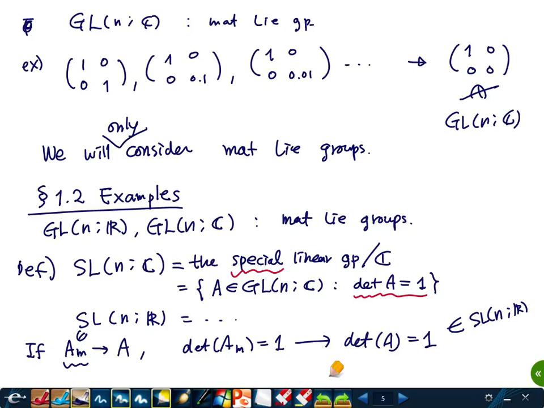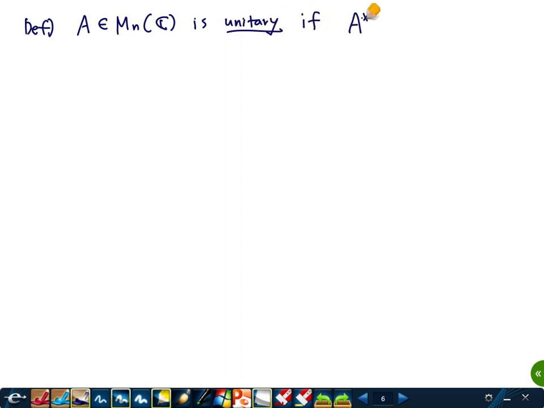What else? We have a couple more examples. A complex n by n matrix is called unitary if A adjoint is the inverse.